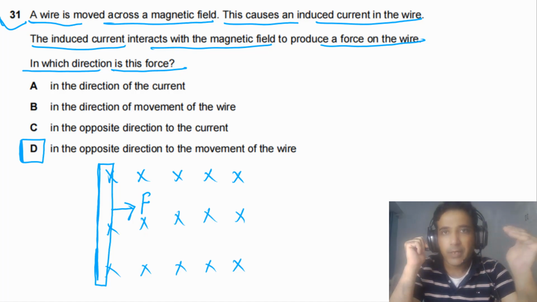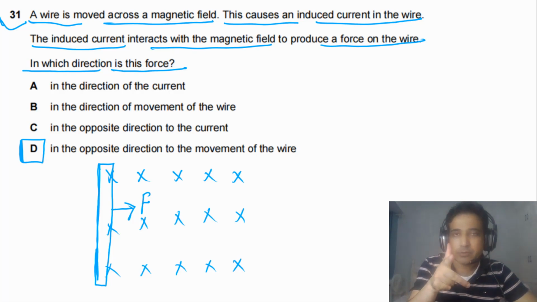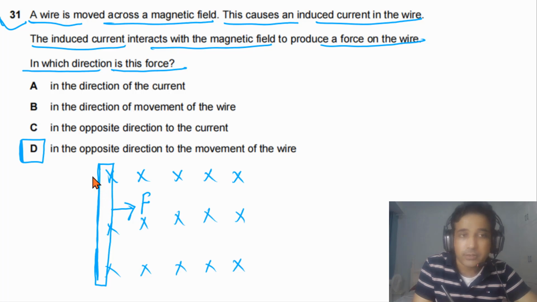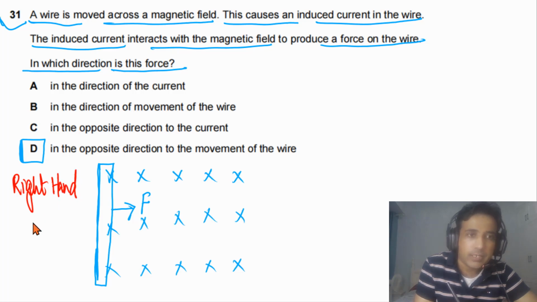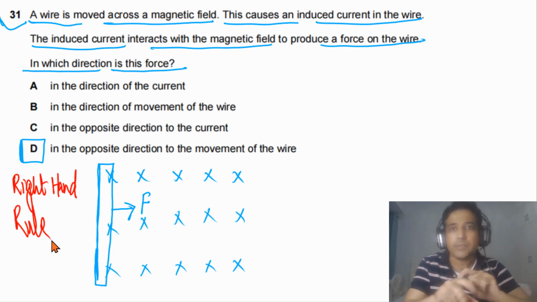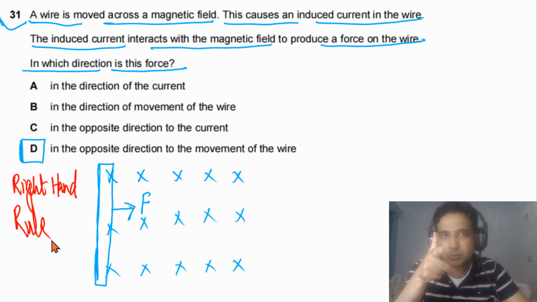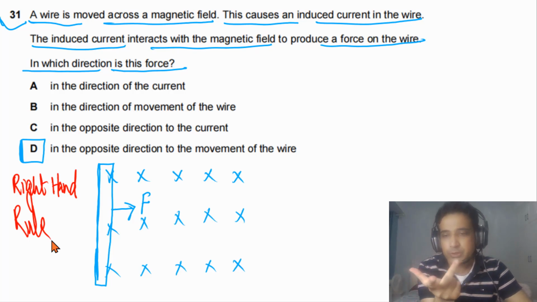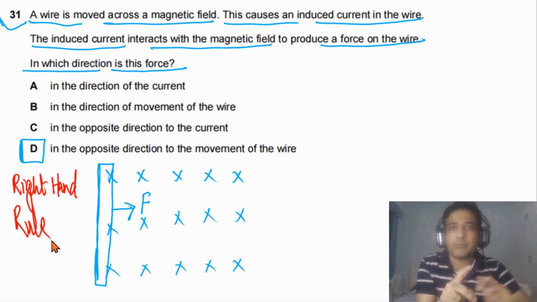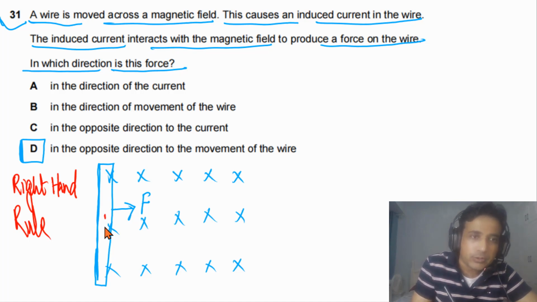If we move this wire to the right and the magnetic field is into the page, you have to use the right hand rule to find the direction of current in this wire. In this case, the magnetic field is into the page and the motion is to the right, so current will flow upwards. So this is the direction of the induced current.